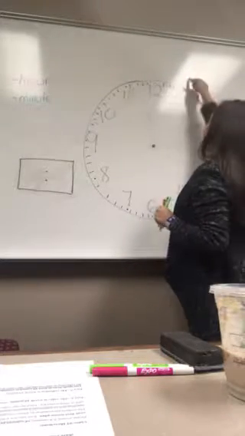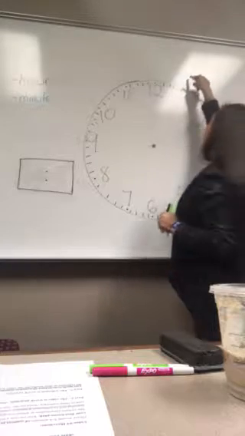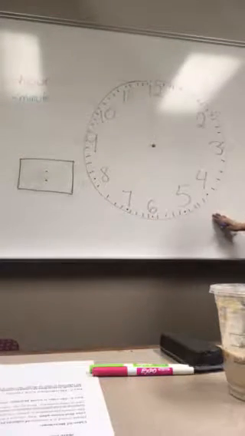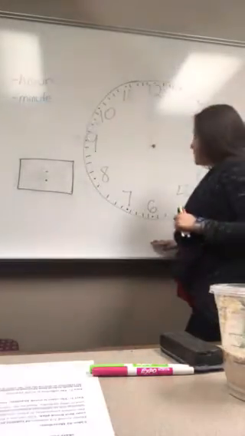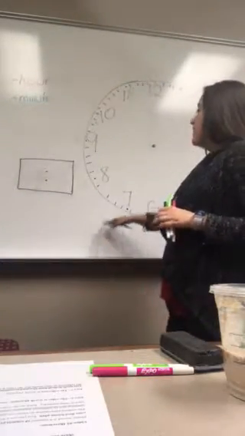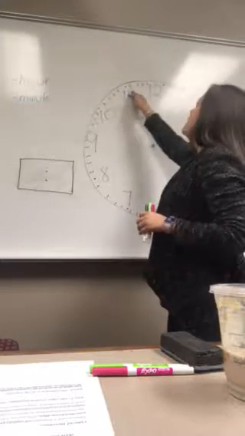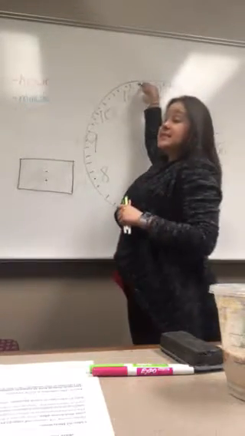So then let's count by 5s now. 5, 10, 15, 20, 25, 30, 35, 40, 45, 50, 55, and 60.